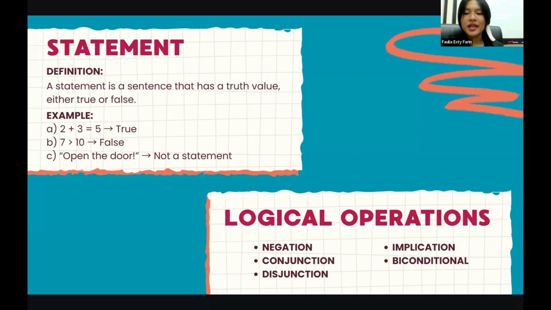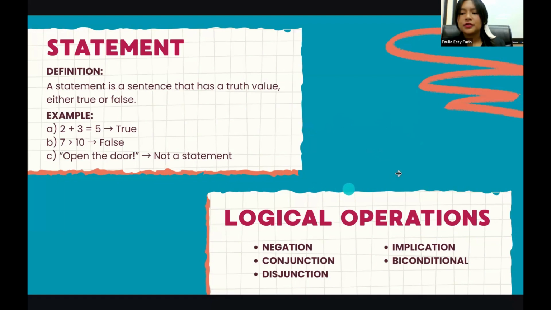And then 7 greater than 10. What do you think? I think false, Miss. Correct. It is false. Now, open the door. Is this a statement? No, Miss. Nice. It is not a statement because it does not have a truth value.